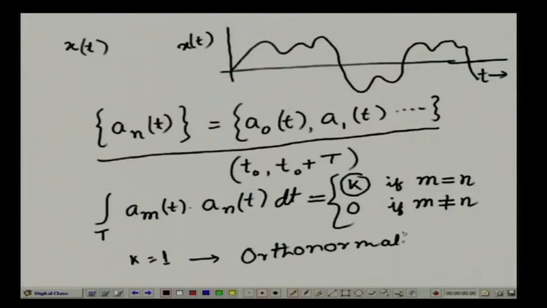So, for an orthogonal basis function as we have defined, if this non-zero constant k is equal to 1, then we say that it is an orthonormal set of basis functions.